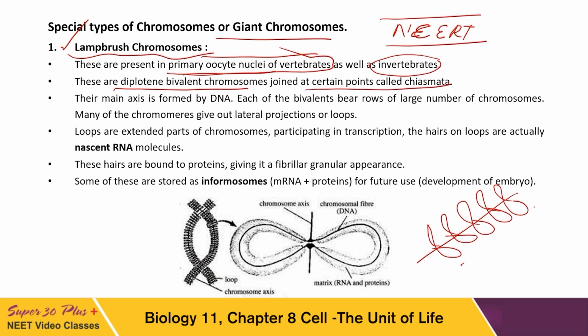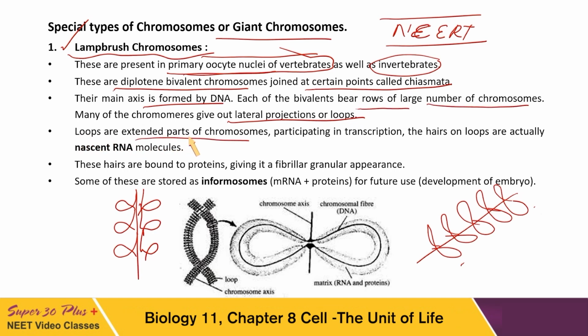This is the main axis, and this main axis, you see, is making a loop-like structure. These are lateral projections known as loops. The main axis is made up of DNA. Each bivalent bears 2 rows of large loops.